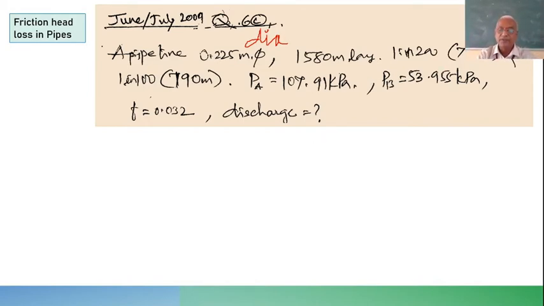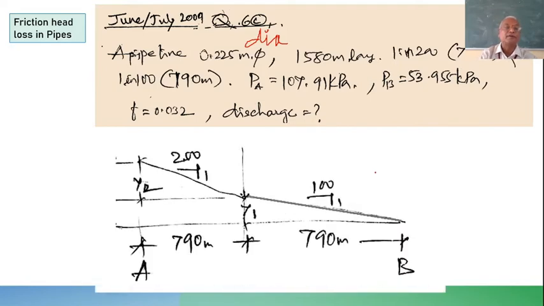Okay, we'll put this information in the form of a figure. If you can, you can pause the video and try to draw the sketch for this given problem. There is a slope 1 in 100 and 1 in 200 for a length of 790. Okay, I'll show you here. The sketch will be something like this.